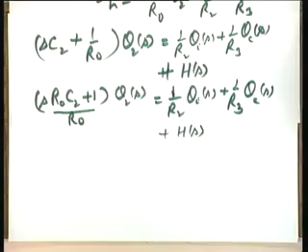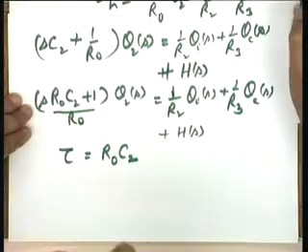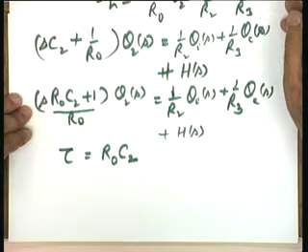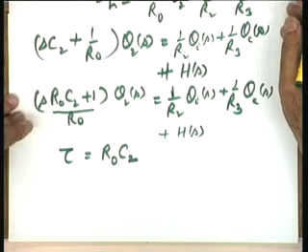This becomes the equation. And now, let us define the variables which describe a first order system. I take τ = R0 C2. It is the time constant of the thermal tank, and the units, as I said, you should really verify, the units of τ will turn out to be seconds.